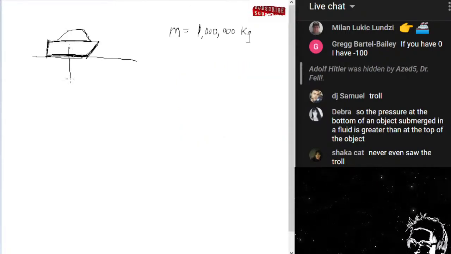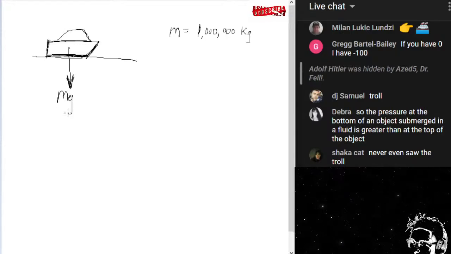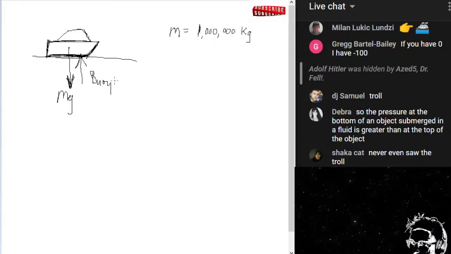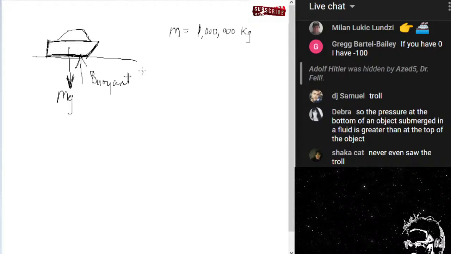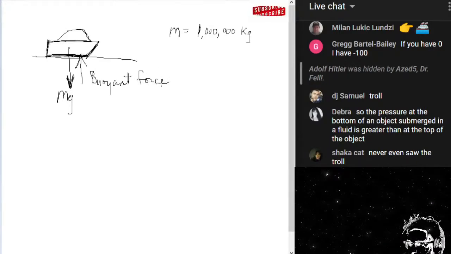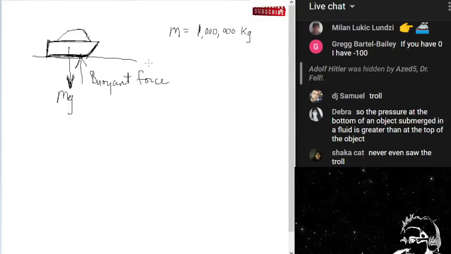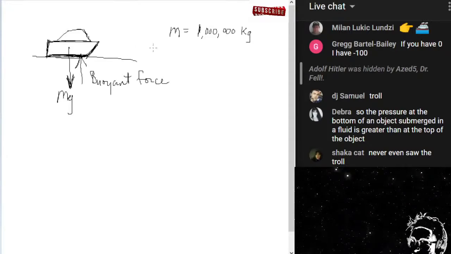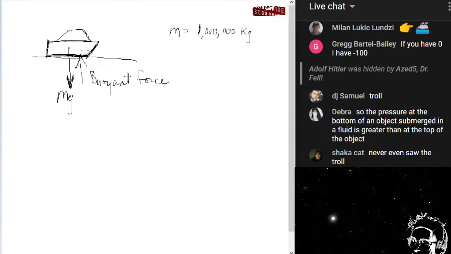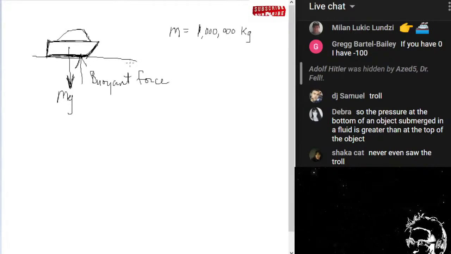Okay, so we have weight acting down, and we have to have something acting up on it, which would be the buoyant force. If this was on a solid surface, it would be the normal force, but it's in liquid. So we need to figure out the volume this ship needs to be in order to float.